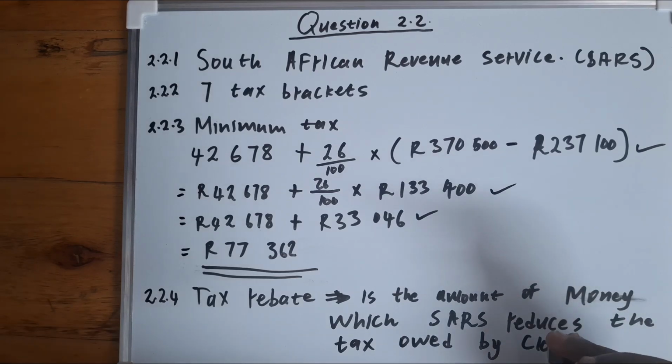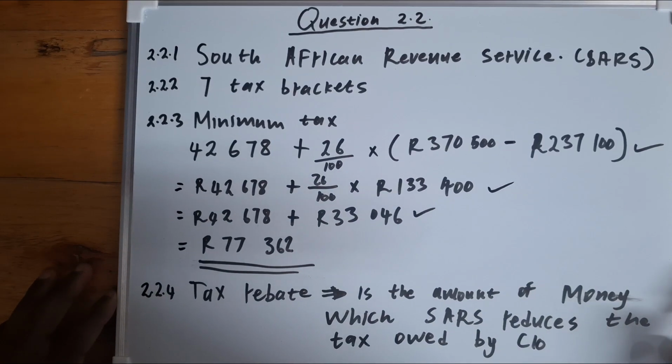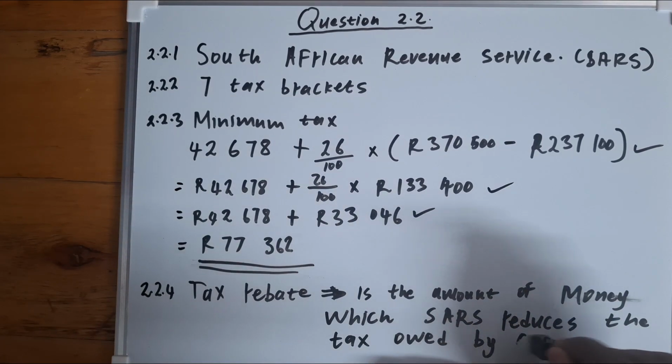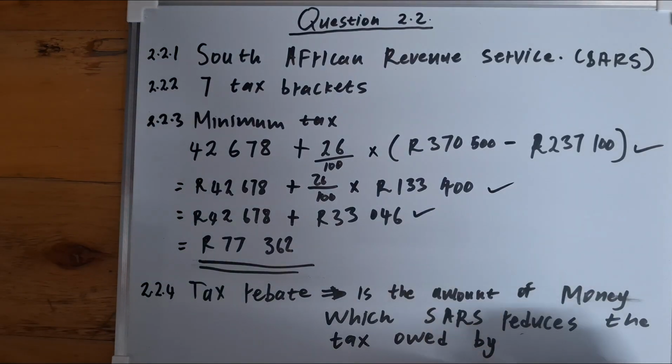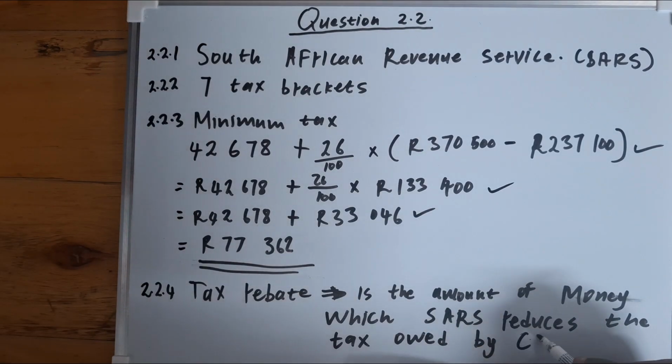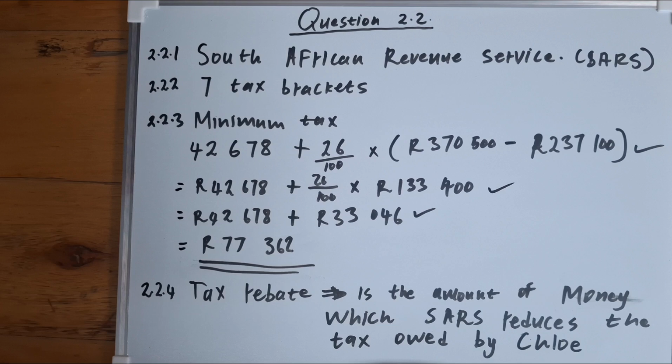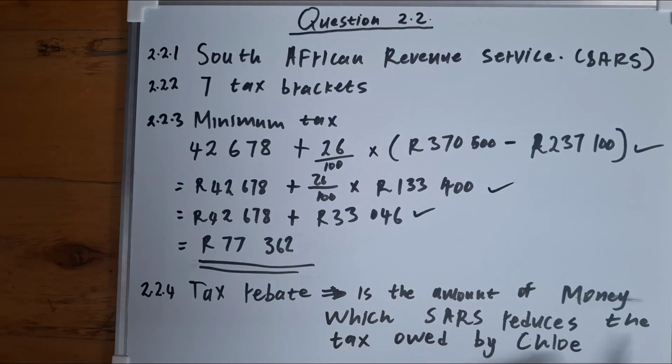I don't know how to spell the name because this is a very good name. C-H-L-O-E. Is the amount of money which SARS reduces the tax owed by Chloe according to her age.